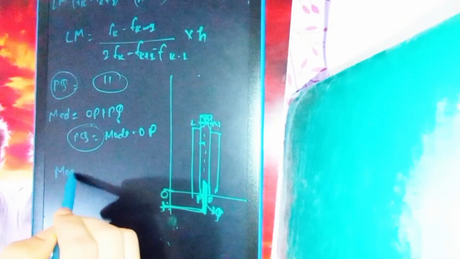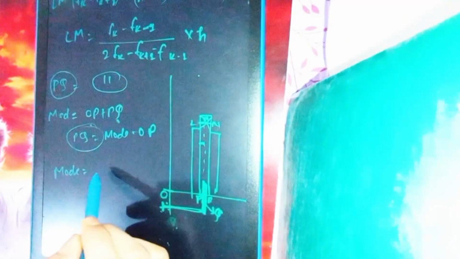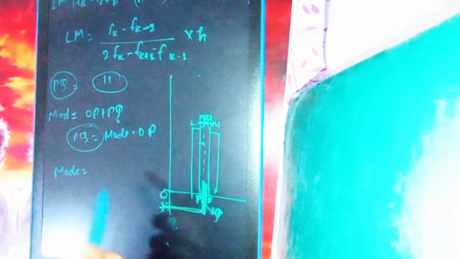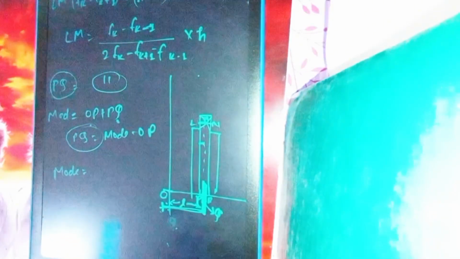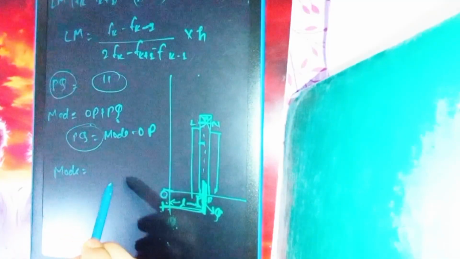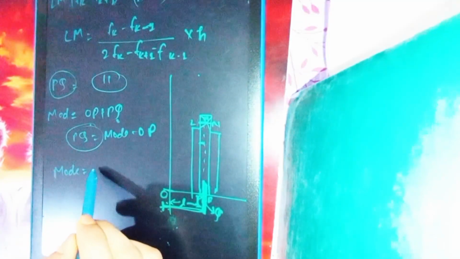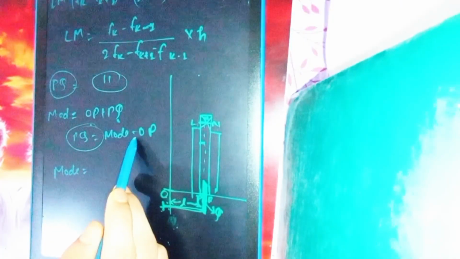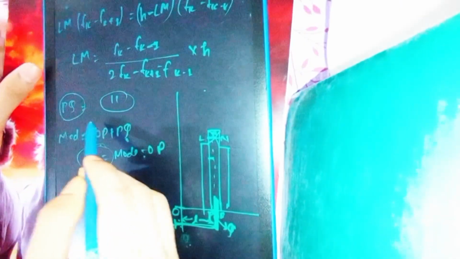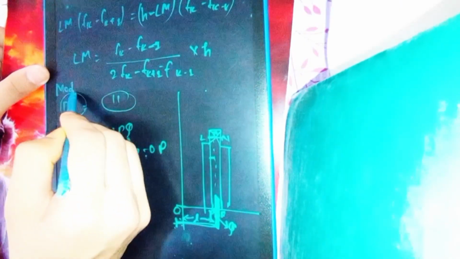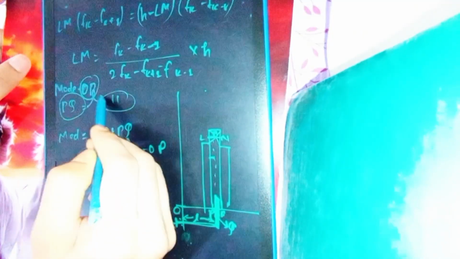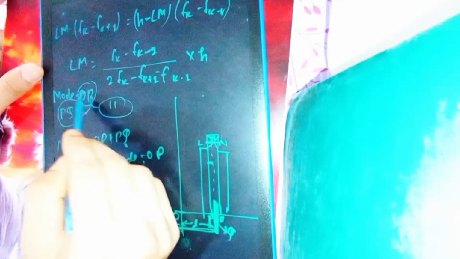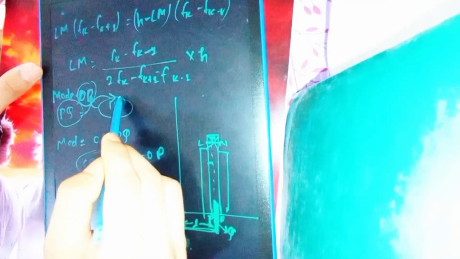So we'll substitute PQ with mode minus OP. OP is what we saw earlier, it is L. Then this is minus here, and it will go here and become positive.